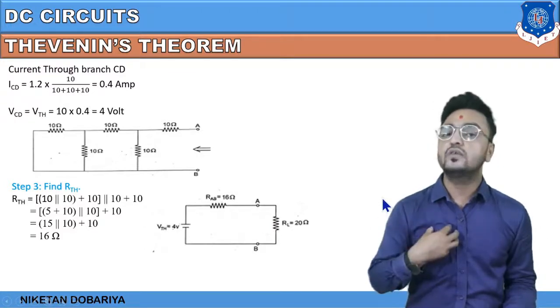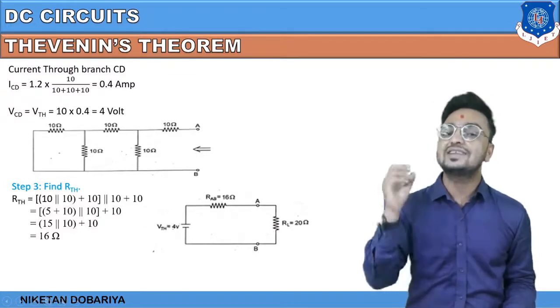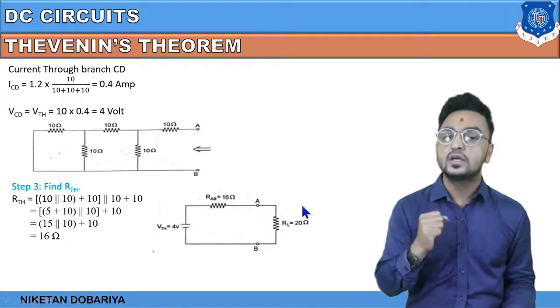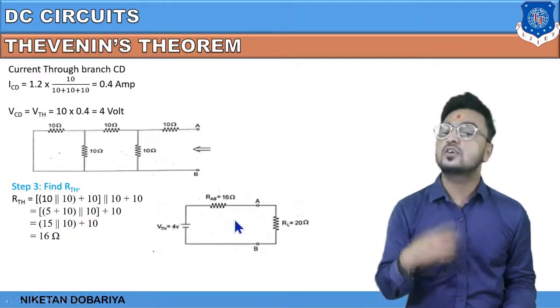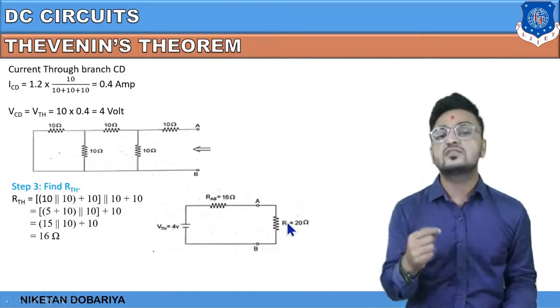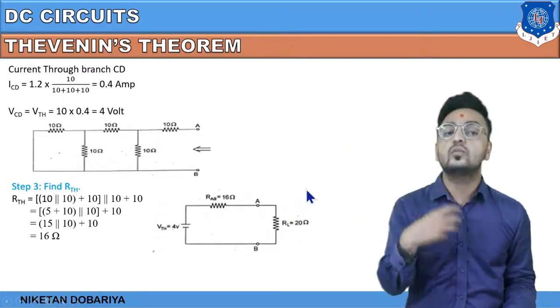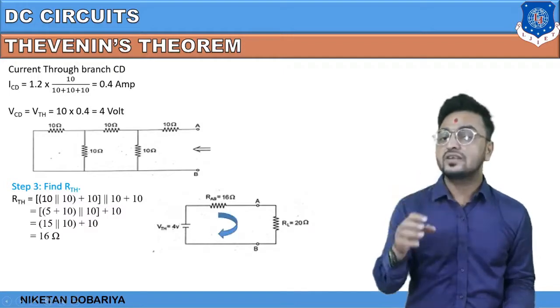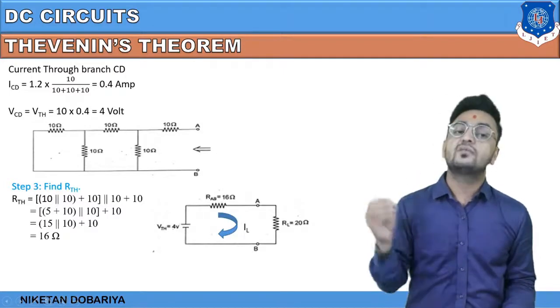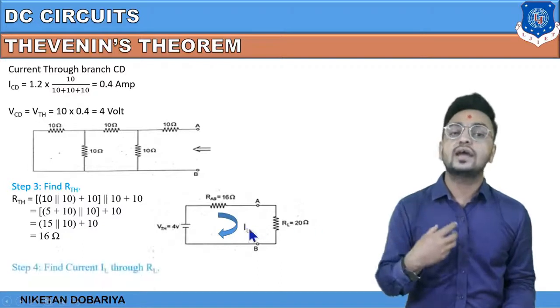Now we can put the values of VTH and RTH in the equivalent circuit diagram. So that is over here, where VTH is equal to 4 volt, RTH is equal to 16 ohm, and load resistance was 20 ohm. So that was connected across this AB. Now from this equivalent circuit diagram, we can find out the load current IL.